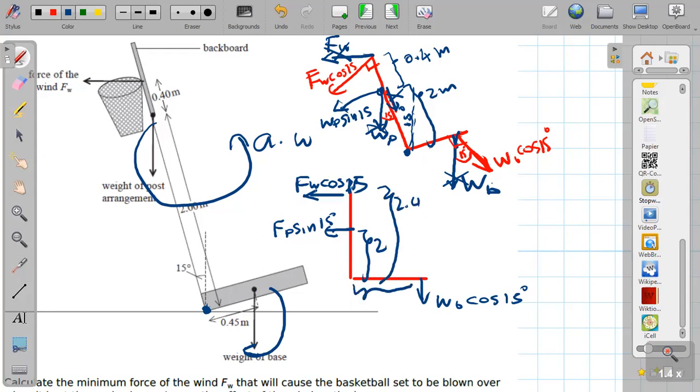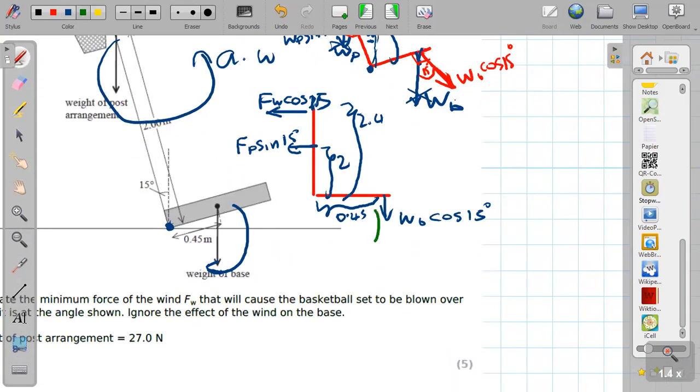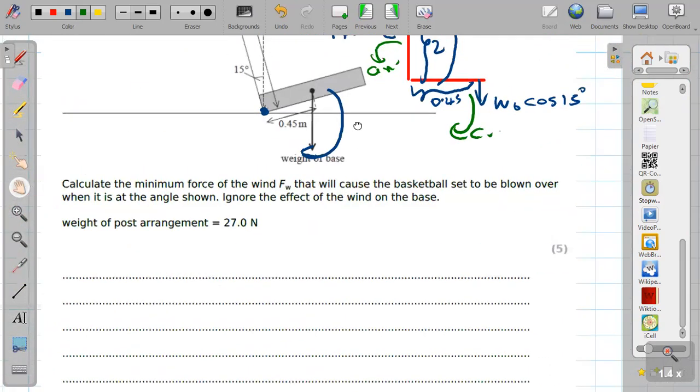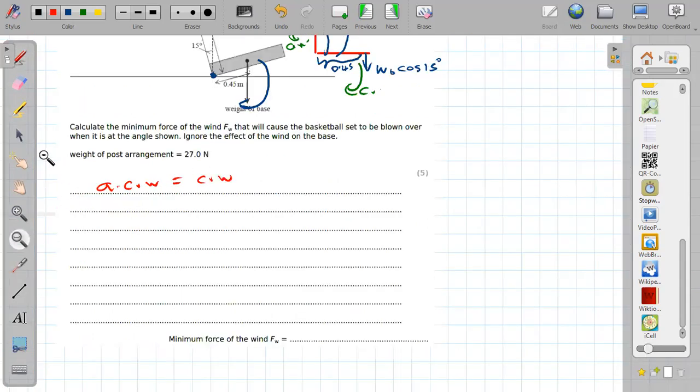Now this one is like 0.45. Okay. Now identify. Clockwise, anti-clockwise, anti-clockwise. Now the simplest method is anti-clockwise equals clockwise. Let me minimize the size a bit.